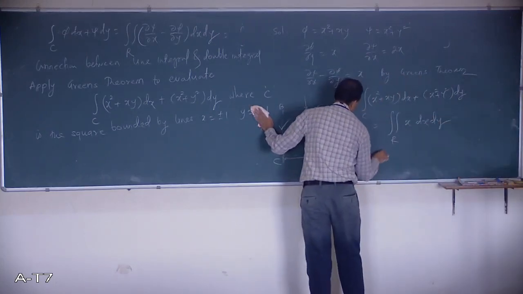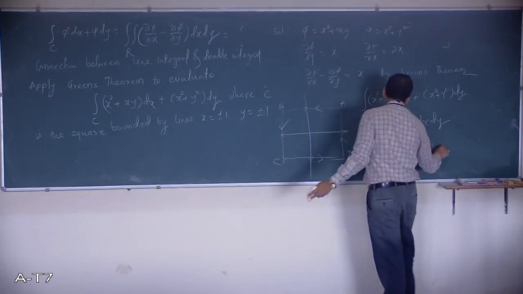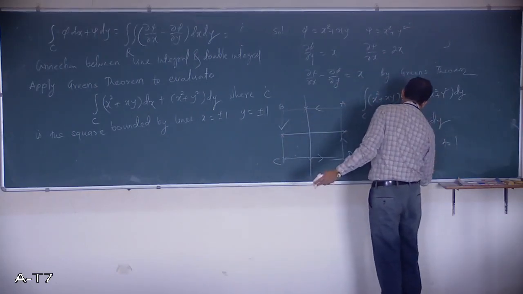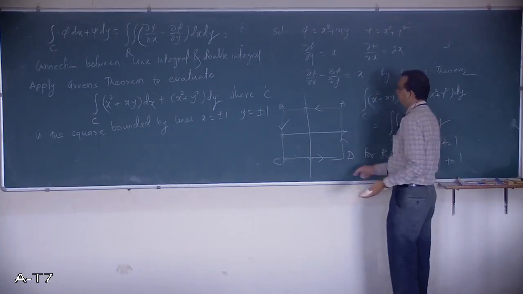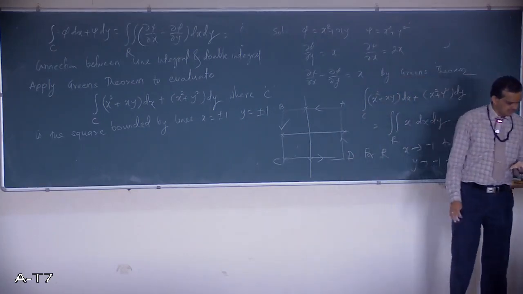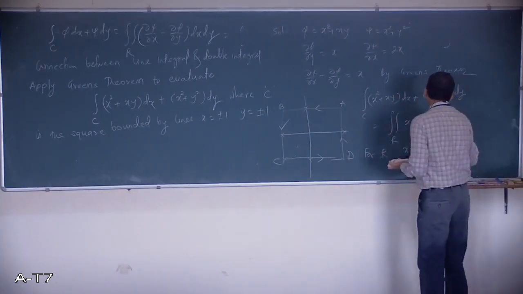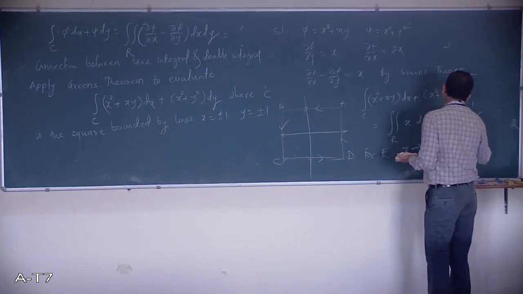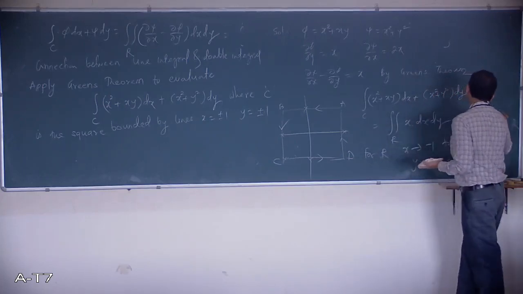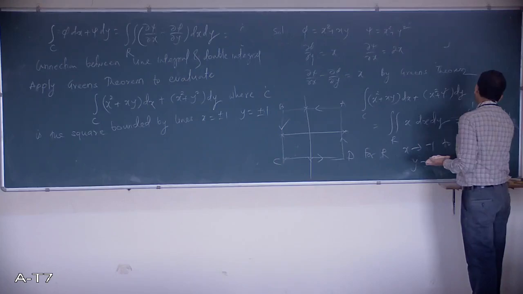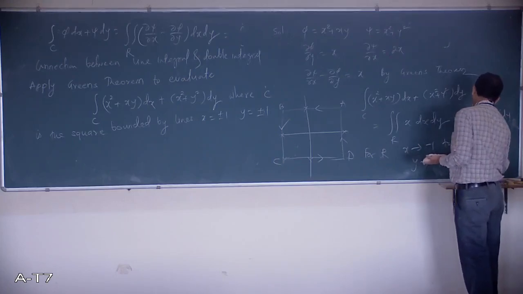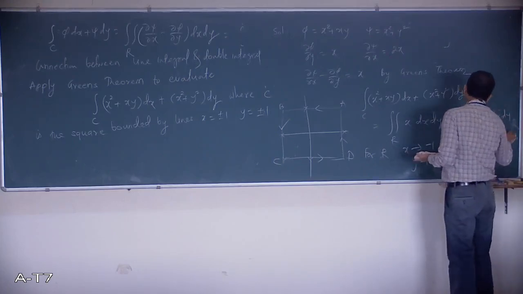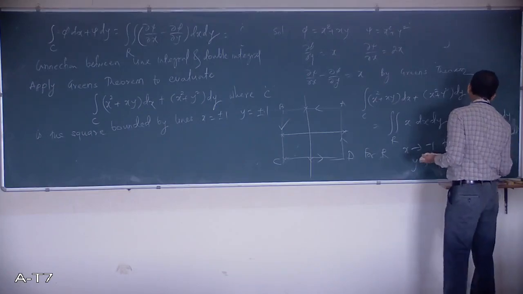For R, x goes from -1 to +1, y goes from -1 to +1. So limits are -1 to 1, -1 to 1, x dx dy. Because x is an odd function, it will give 0. So the answer is 0.